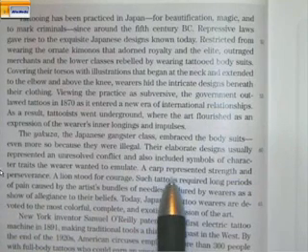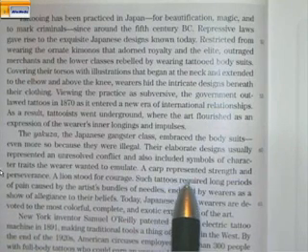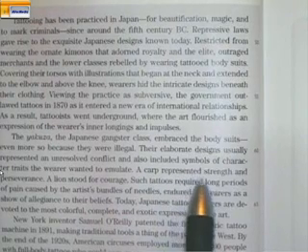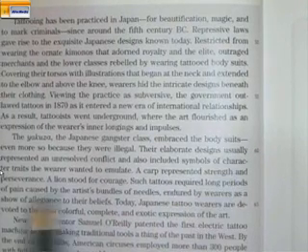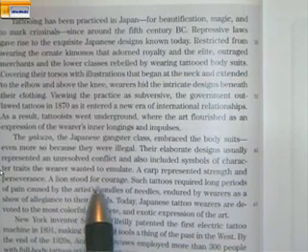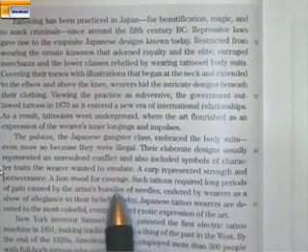A carp represented strength and perseverance.